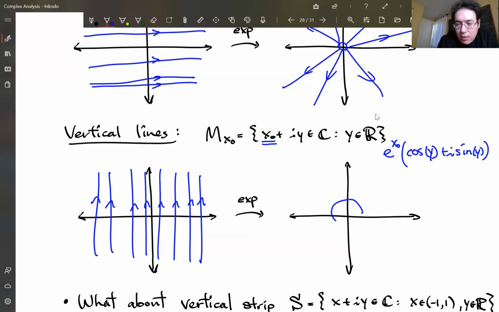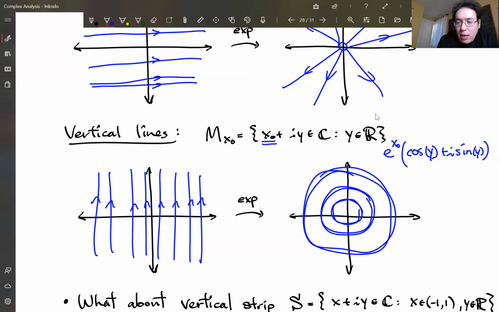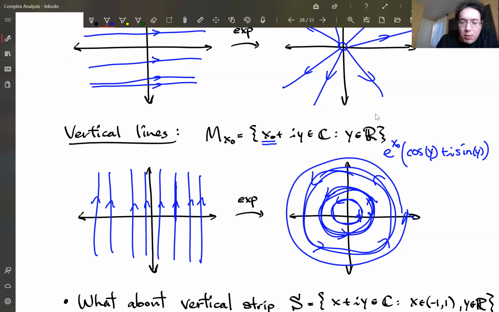So it's fixed in a circle. Circles. And as y varies, it goes around and around in a circle. Okay, in fact, it'll wrap around many, many times, right? Every time you go up by 2 pi i, it'll come back to the same spot. So there's lots of circles being wrapped around many, many times. I hope that makes sense.